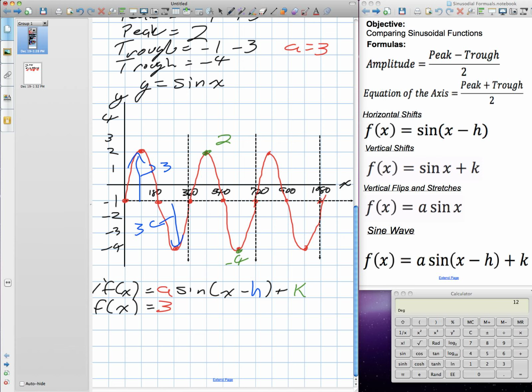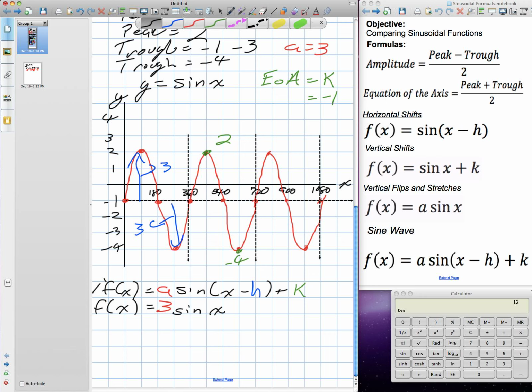What this is, is our EOA in this question. Our equation of the axis is actually our k value. The EOA, which is at -1, is equal to our k value, which is -1. So we know this function's gone down. Now, has this function shifted left or right at all?